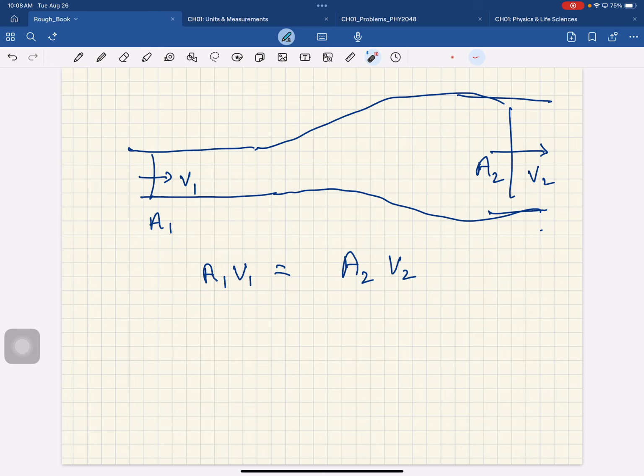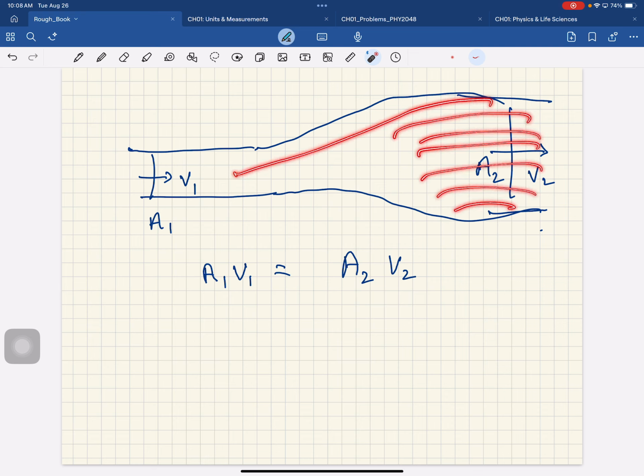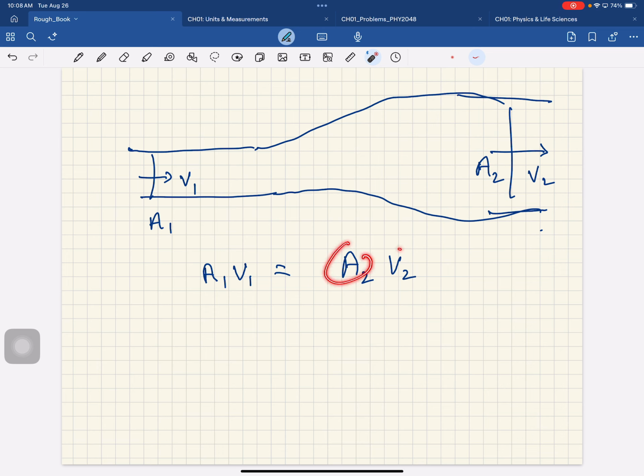So that's what the body does. You have an artery, and this artery breaks into billions of capillaries, and all this area adds up to a lot more than this area. And so the blood is flowing much slower in the capillary.